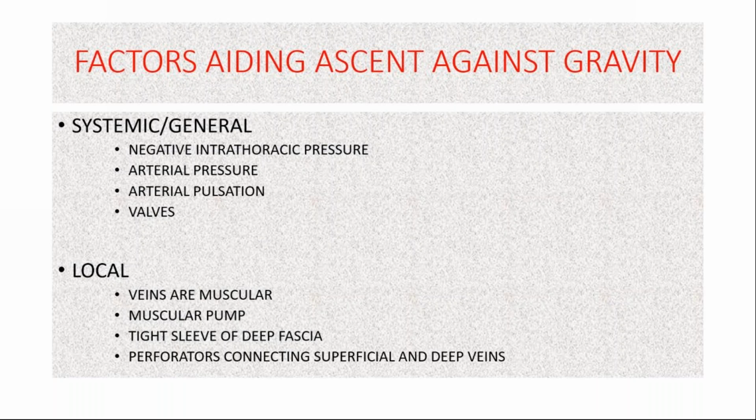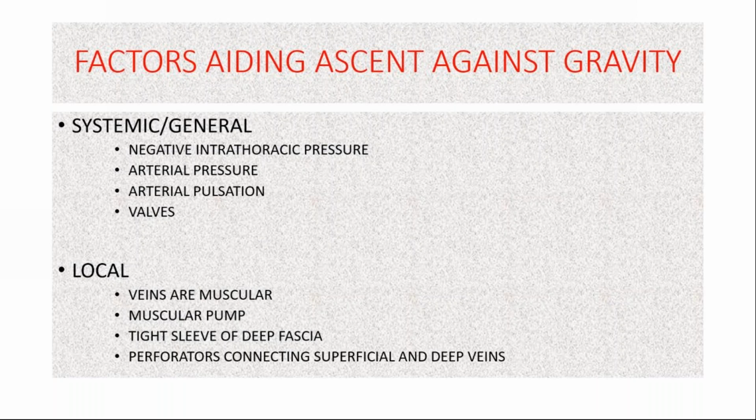Then there is arterial pressure or the pulse pressure. This is the pressure which is in the arterial system always, which is actually the difference between systolic and diastolic pressure. This is the pumping pressure, not only in the arterial system, but it also pumps the blood in the venous system.